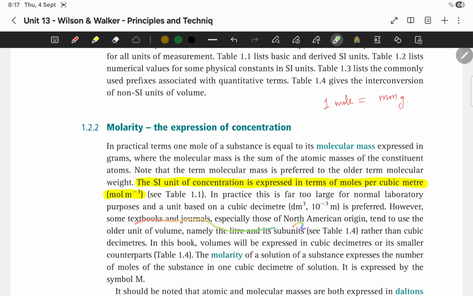However, some textbooks and journals, especially those of North American origin, tend to use the older unit of volume, namely the liter and its subunits. So basically, what we know is 1 dm cubed, or 10 raised to minus 3 meters cubed, is equal to 1 liter. In this book, volumes will be expressed in cubic decimeters or its smaller counterparts.